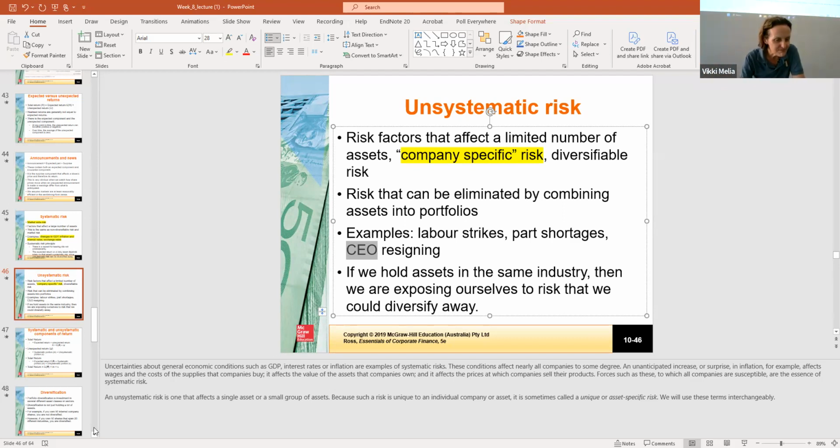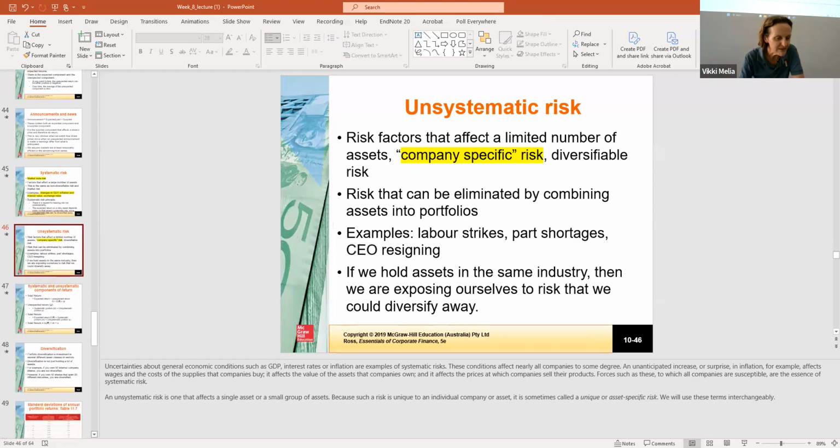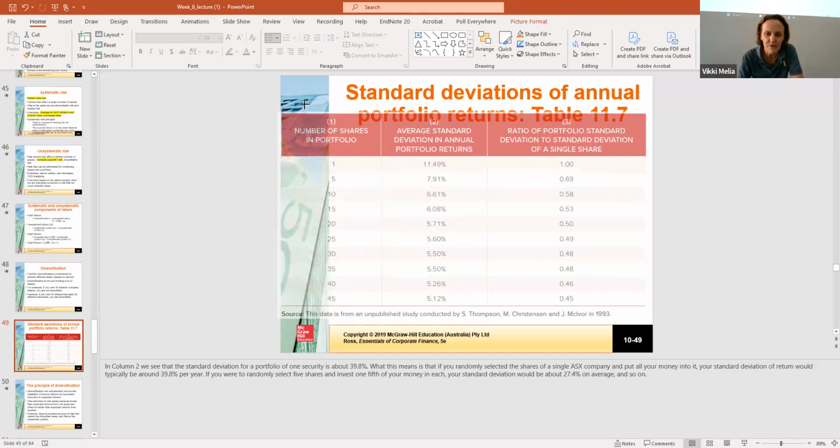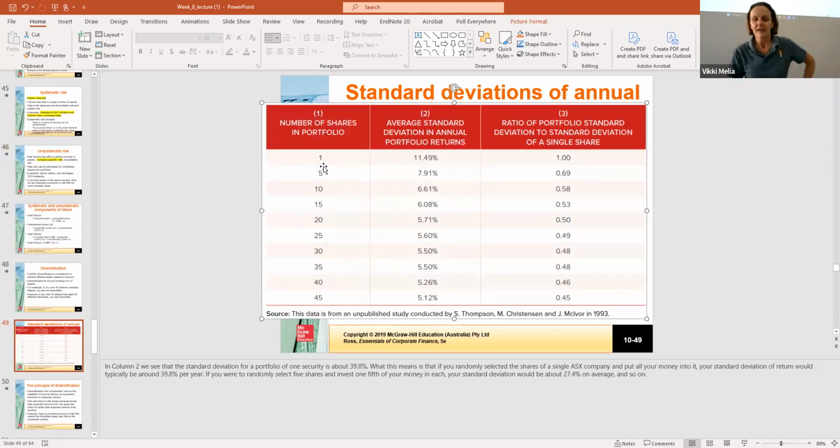I think there's a table in here that I will show you. This table, which is from the textbook, says if you have one share in your portfolio, the standard deviation in your portfolio returns is 11.49%.